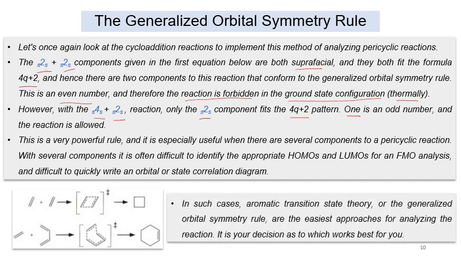So in such cases, the aromatic transition state theory or the generalized orbital symmetry rule are the easiest approaches for analyzing whether the reaction will be permitted or forbidden. You can use a variety of these methods to analyze a pericyclic reaction. It is up to you what you are most comfortable with.